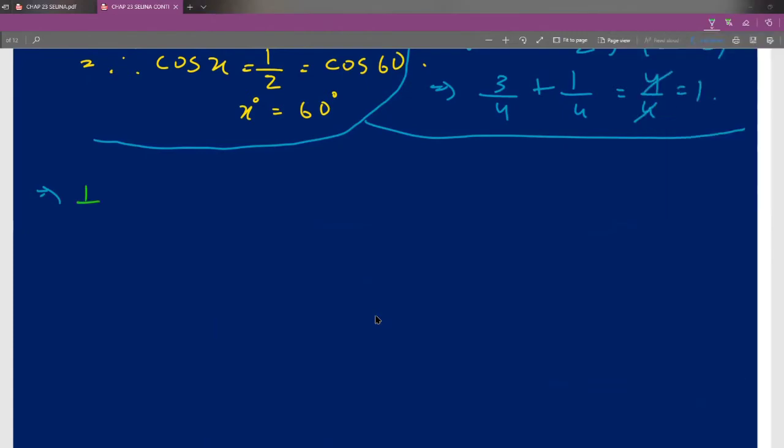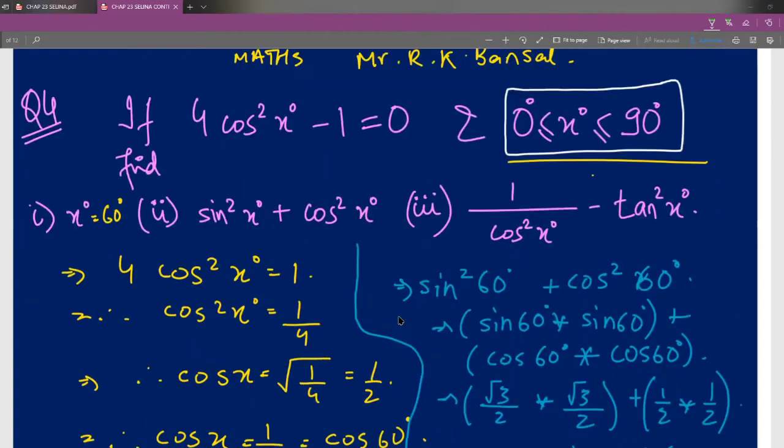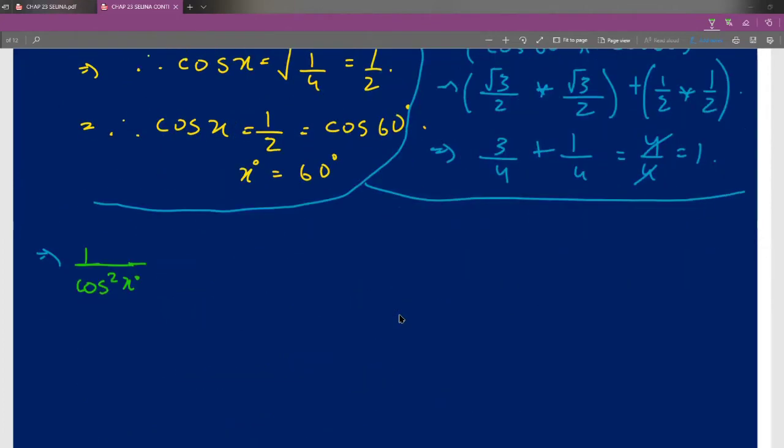One upon cos square x degree minus tan square x degree. So therefore we'll substitute x degree by 60 degree. So I can write this as 1 upon cos square 60 degree minus tan square 60 degree.